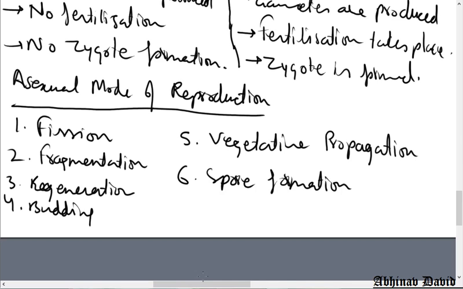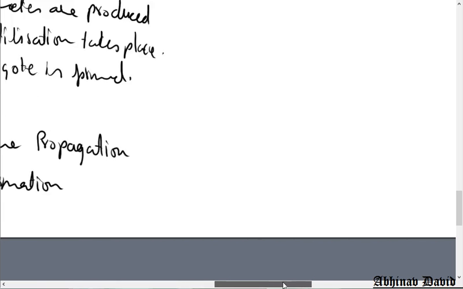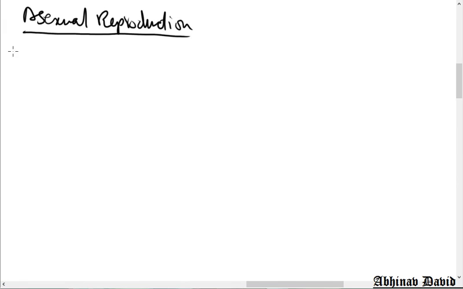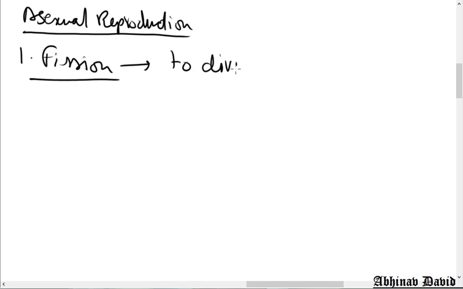Now let us discuss the first one, that is fission. Let me adjust my screen so that you can see it properly. So what is fission? The literal meaning of the word fission is to divide.